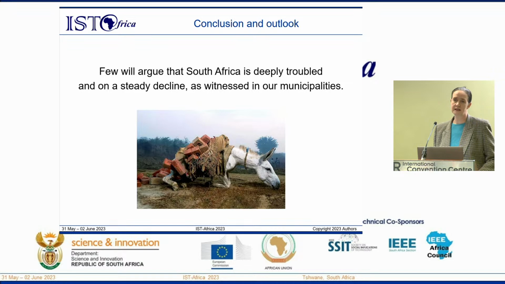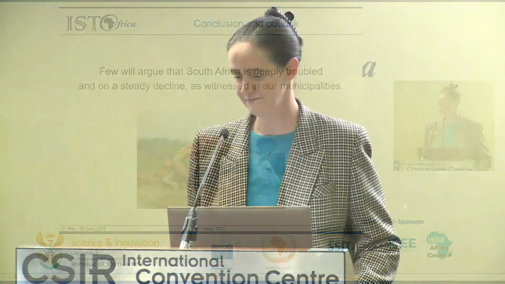IT technology alone is not going to solve the problem. But then on the other hand, please don't beat the donkey while it's already burdened and lying in the dust. Let's rather help up the donkey. Let us rather help the municipalities and the government at large through technology and also through skills development to improve service delivery across the country. Thank you very much.